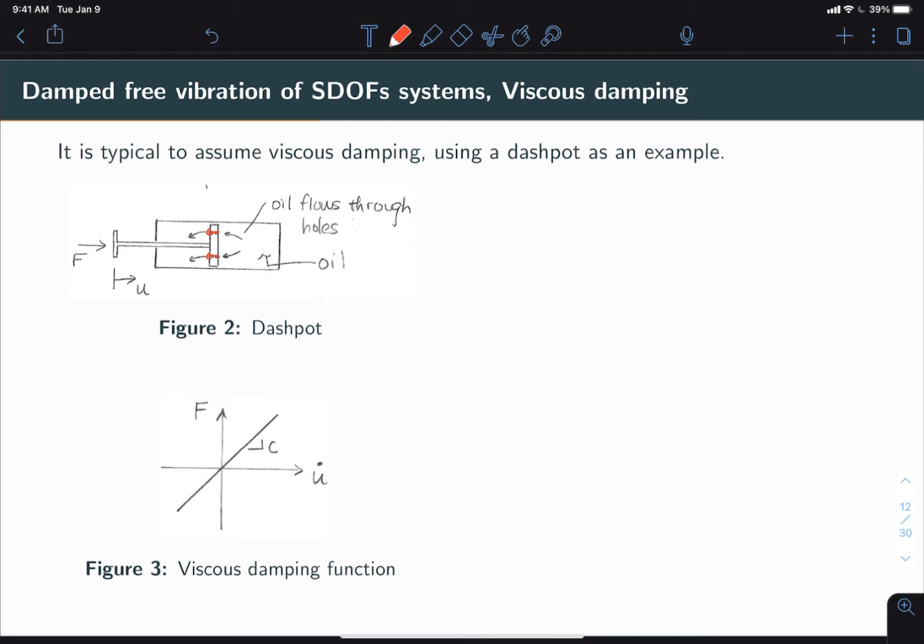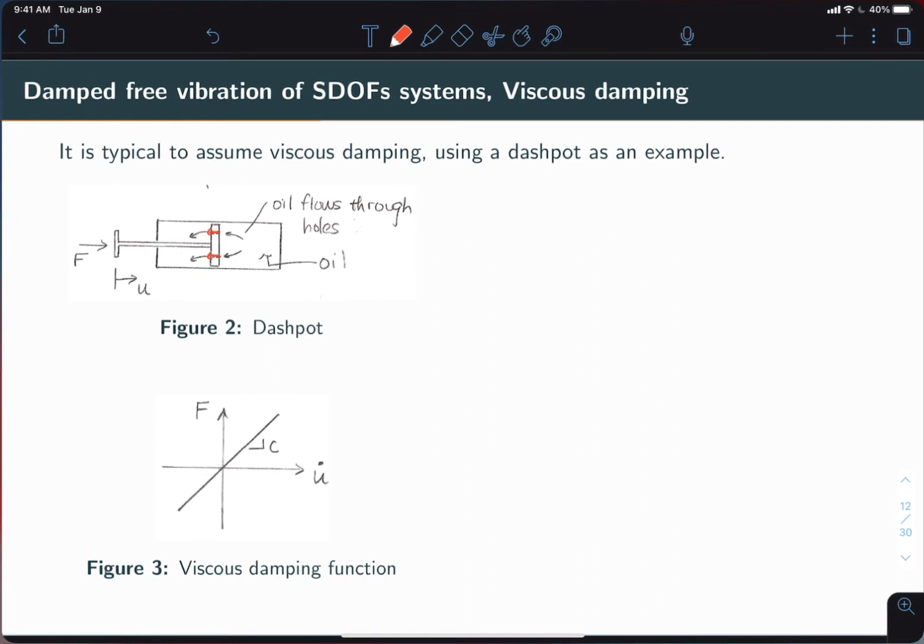Now at slow speeds, the oil can flow freely through those holes and doesn't require a lot of force to push the piston along. But as the speed increases, the resistance increases, and there is more force required to move that piston at a higher speed.